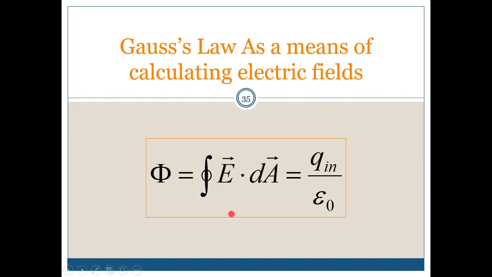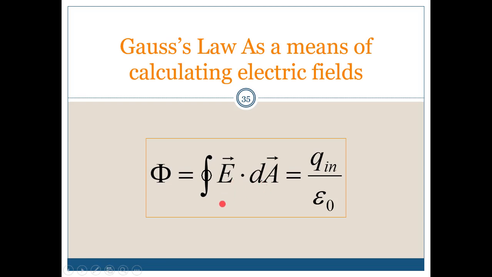So we actually have to choose a surface, an imaginary surface, that will give us that beautiful flux calculation where E is uniform on the surface, can come out of the integral, and the angle between E and A is predictable, 0, 90 degrees, some fixed value.